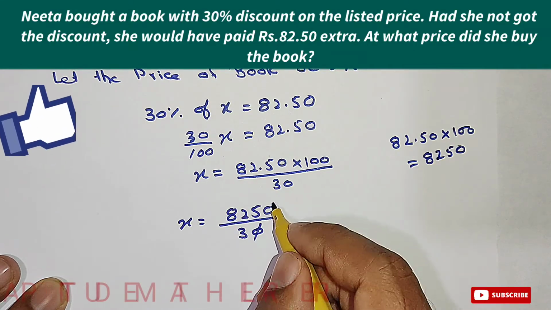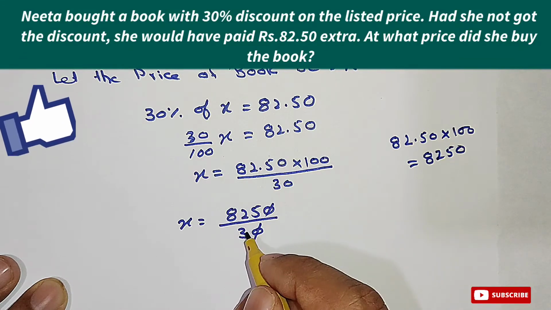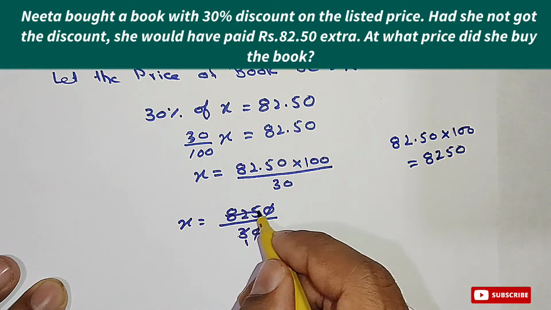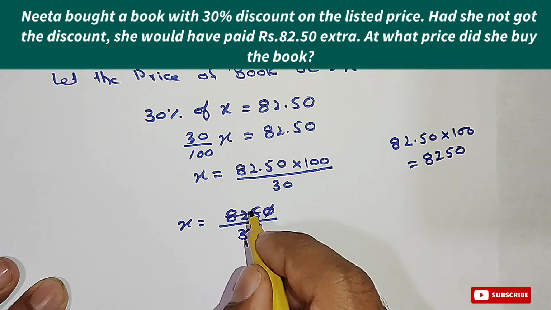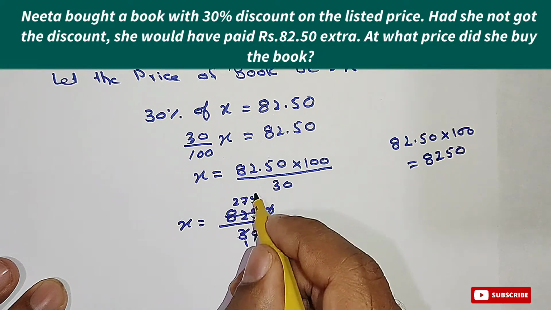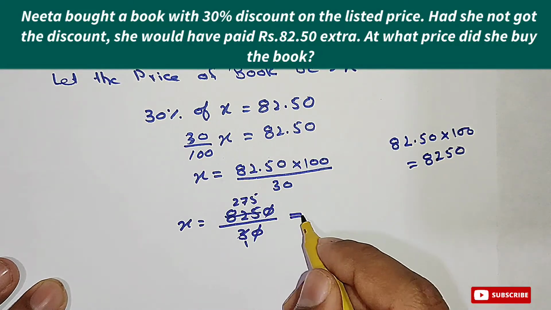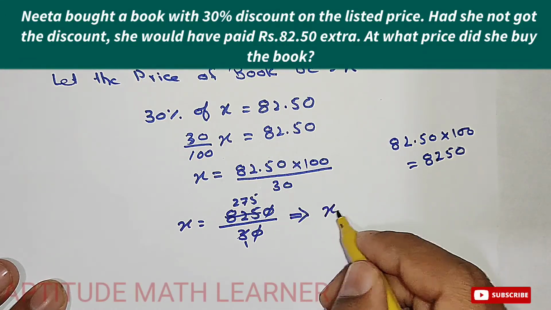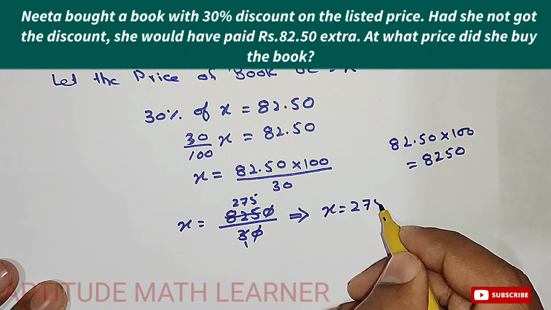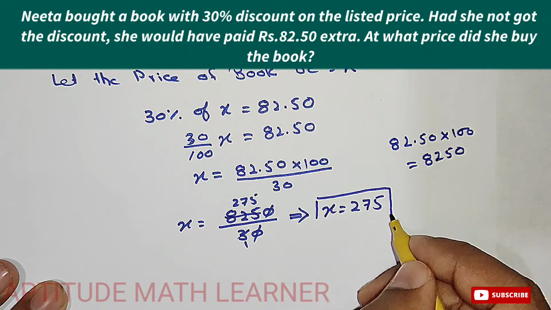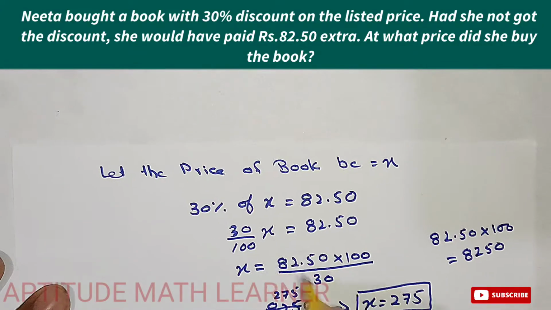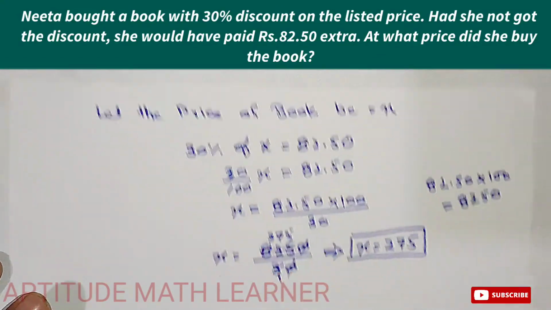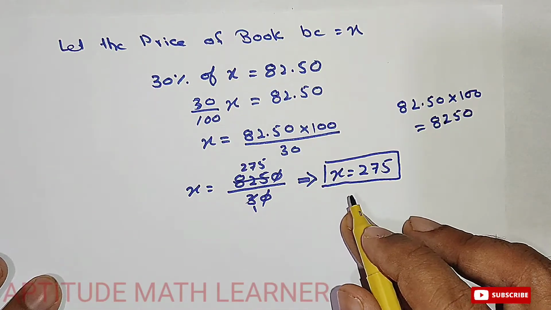Here we cancel out the zeros, and 3 times 275 is 825. So the exact price of the book is 275. X we had taken as the price of the book, so this is the price of the book.